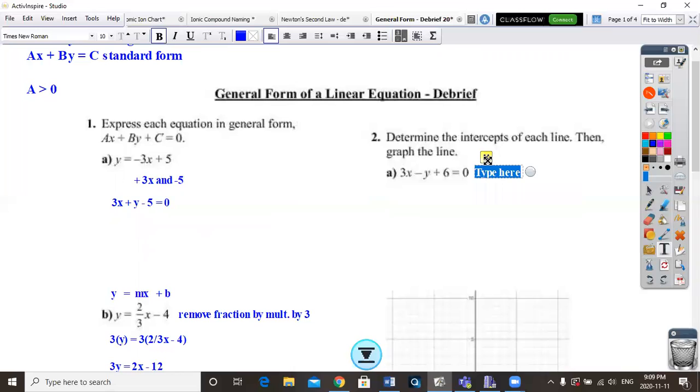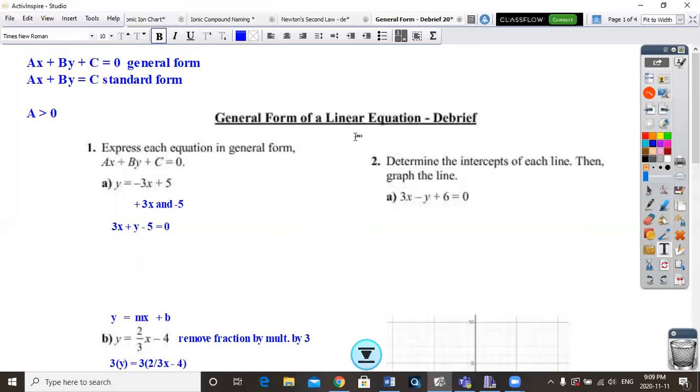What I would do first, and I didn't allude to it too much in the notes, is that it's much more convenient to deal with the standard form. If we have an equation in general form, having that constant value on the right just makes it a bit simpler to find the intercepts.